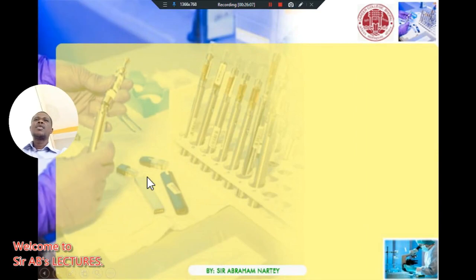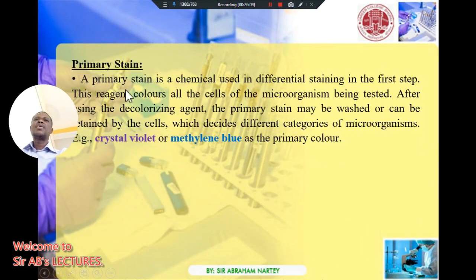Next one, you must understand primary stain. When we say primary stain, I have said it over and over. The primary stain is a chemical used in differential staining in the first step. This reagent colors all the cells of the microorganism being tested.